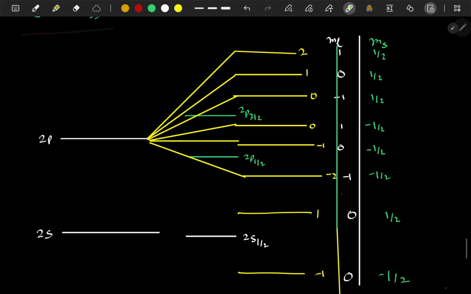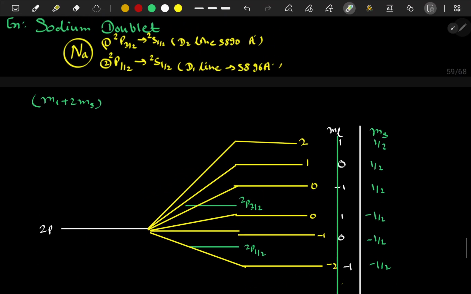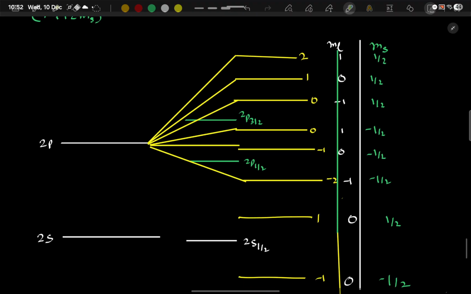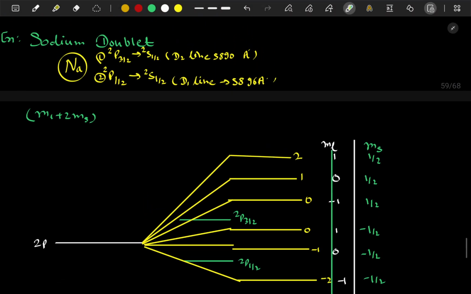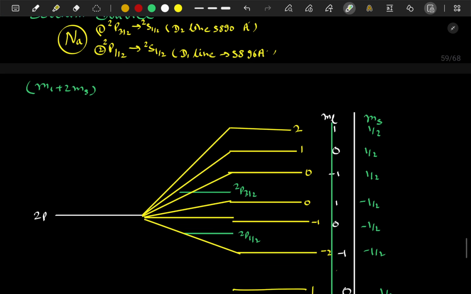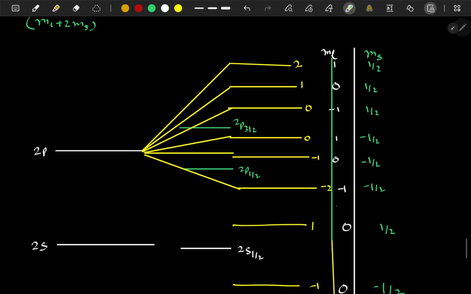Now let's check it. So this is 2s, this is 2p. So 2s half will not be split, only single, and p will be 2p 3 by 2 and 2p 1 by 2 basically.